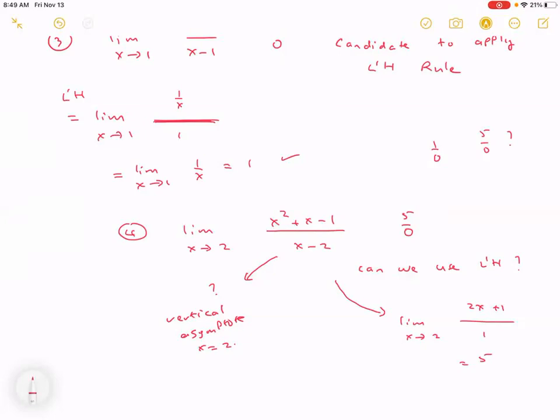That means that depending on whether x approaches 2 from the left or right, your limit is infinity, but when you apply L'Hopital's rule, you get 5. So we must have that indeterminate form to apply L'Hopital's rule. There's a proof on this one if you want to see it, in Section 4.7 in the textbook.